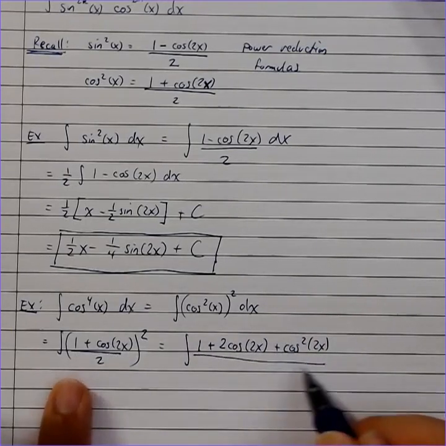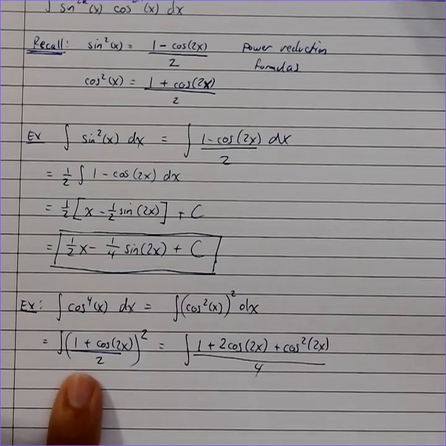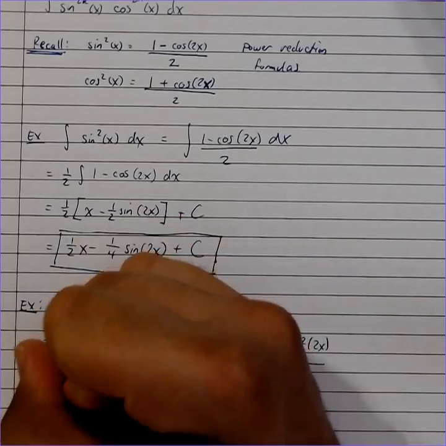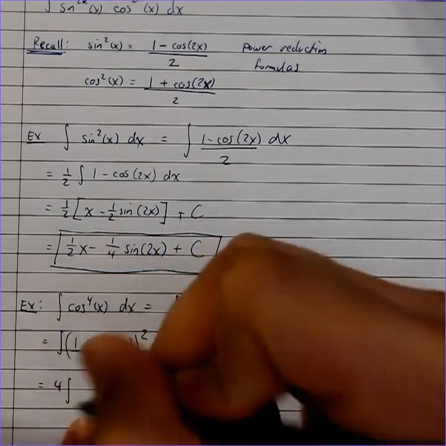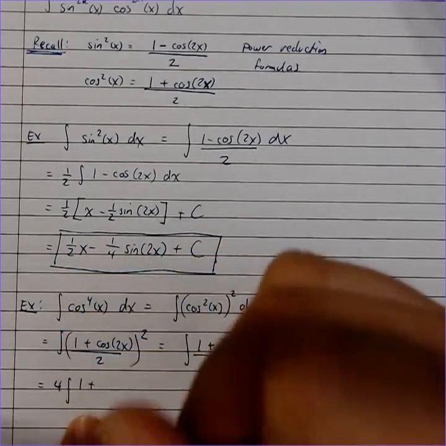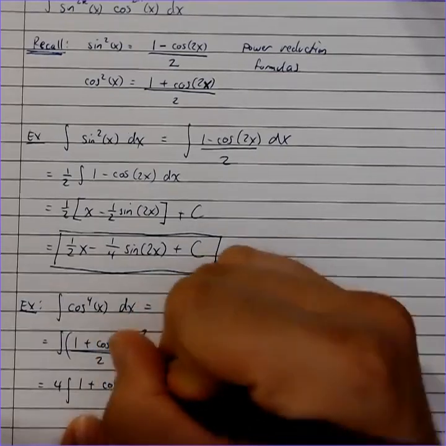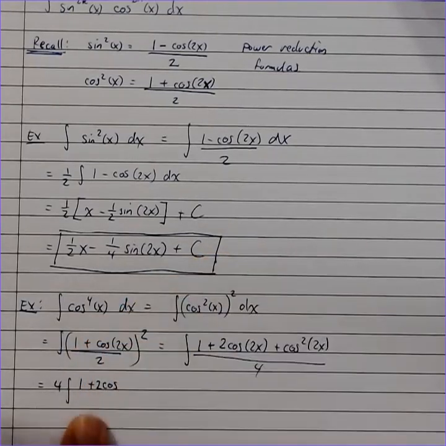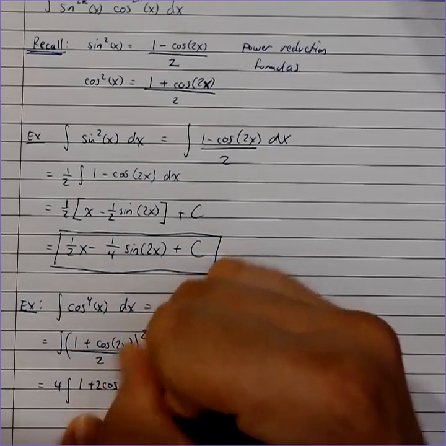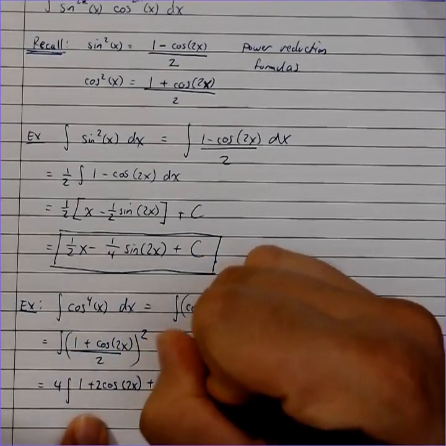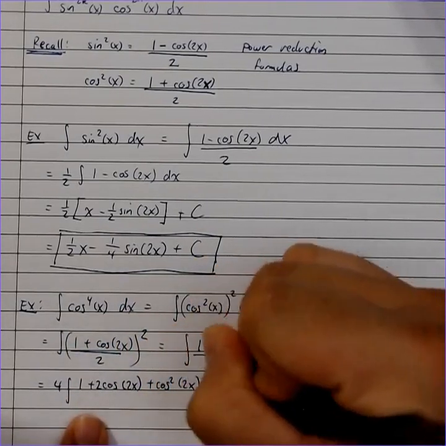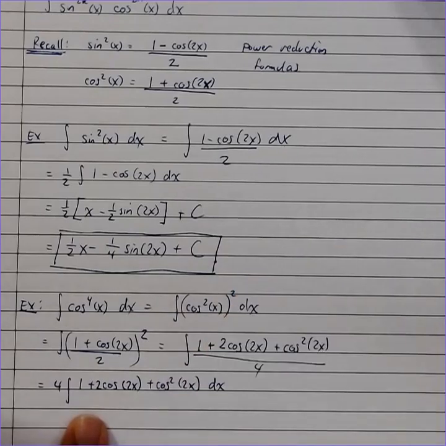And my denominator, 2 times 2, 2 squared, is 4. I can factor out that 1/4. So that's going to give me 1/4 times the integral of 1 plus double the cosine of 2x plus the cosine squared of 2x dx.